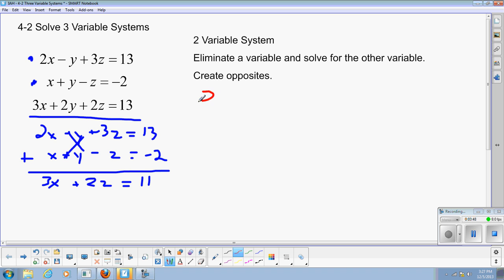So I'm going to copy the top equation. I'm going to use the top equation and the third equation now. So 2x minus y plus 3z equals 13. And then I copy 3x plus 2y plus 2z equals 13. The top equation has a minus y, the bottom one has a plus 2y.